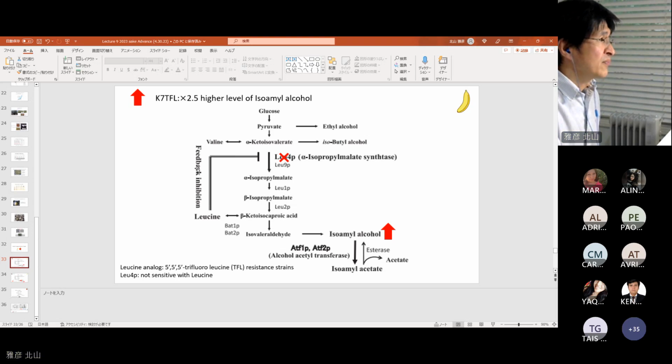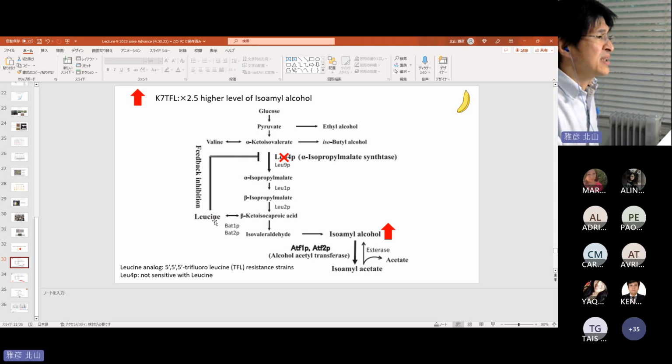If negative feedback occurs, isoamyl alcohol will not be made much. So first, people try to release this negative feedback by making a mutant of this enzyme, alpha-isopropylmalate synthase.